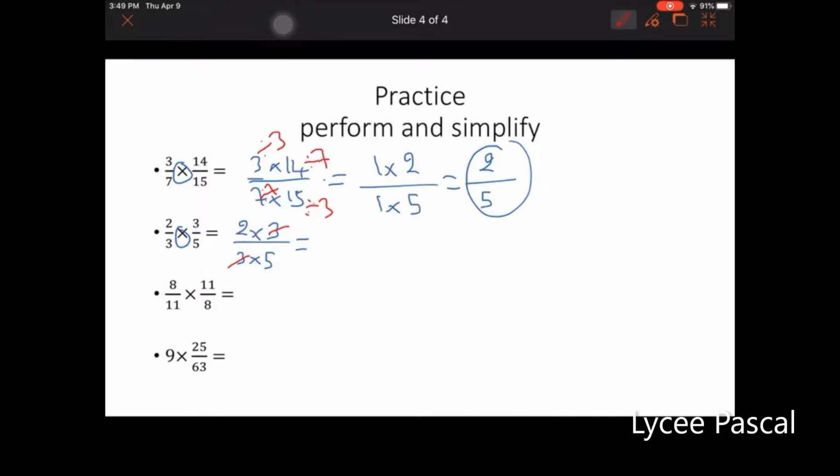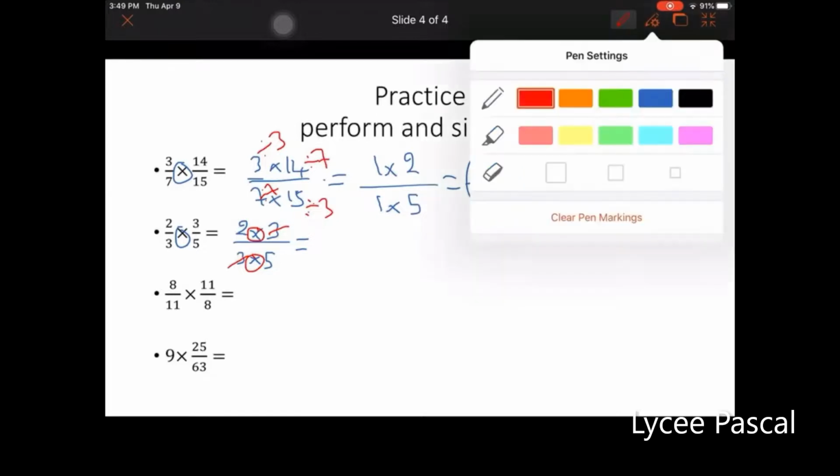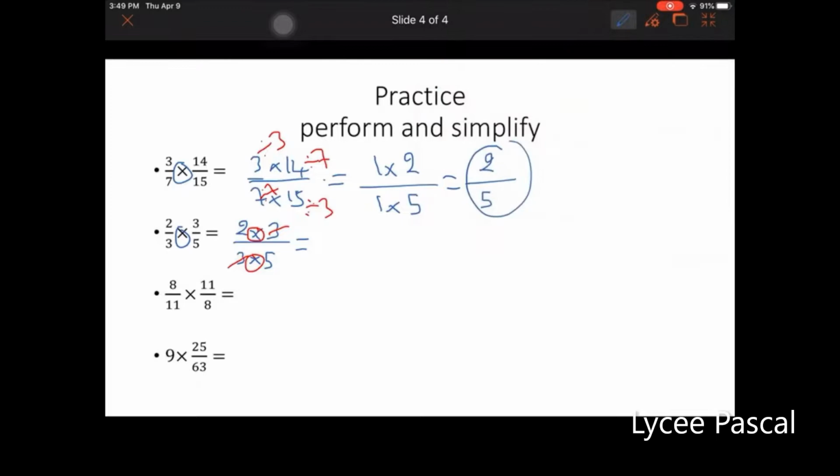Why can we do this? Because the operation used in the numerator is multiplication, and the operation used in the denominator is also multiplication. So we can quickly cancel them out. Okay, the remainder in the numerator is 2 and the remainder in the denominator is 5. So we keep them as they are, equal to 2 over 5. And this is our irreducible simplified fraction.